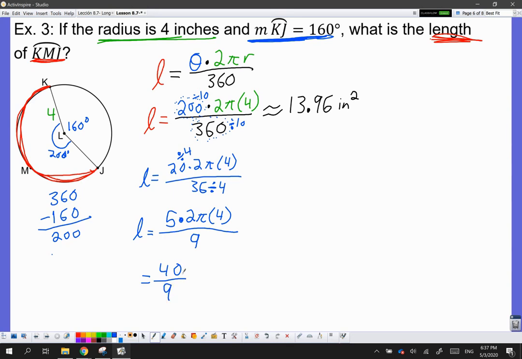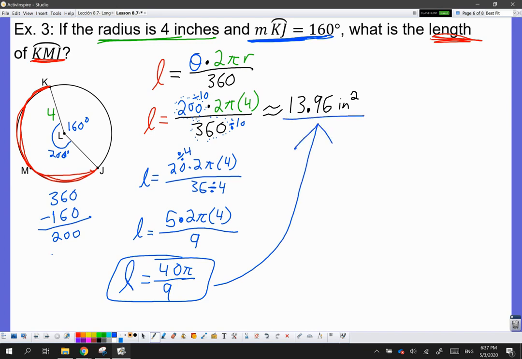And then I just make sure to bring that pi back in. Since the pi is on the top, I want to keep it at the top. And there is my arc length in exact form. Now go ahead and plug this 40 pi over 9 into the calculator. And you're going to find that's the same as our decimal approximation. So if you do this, you check it, you're good to go.